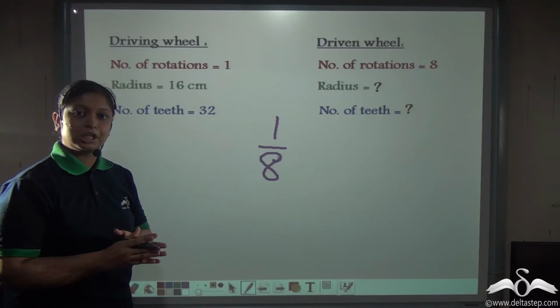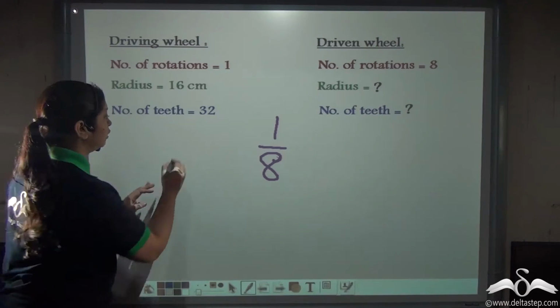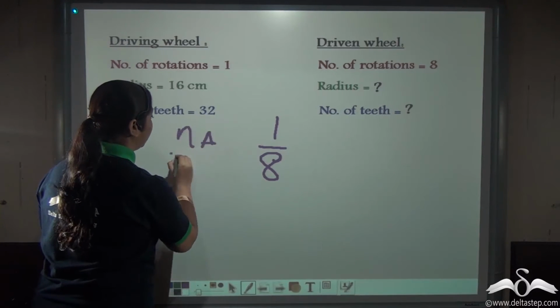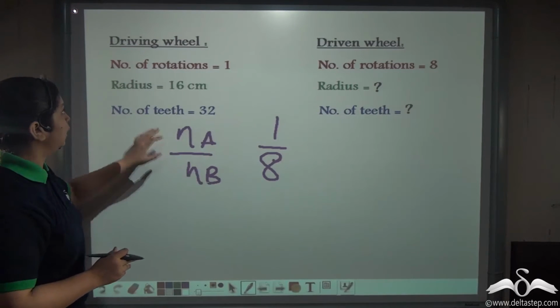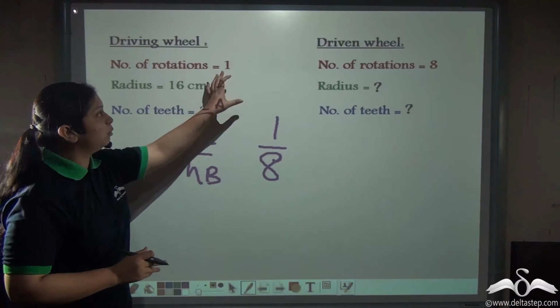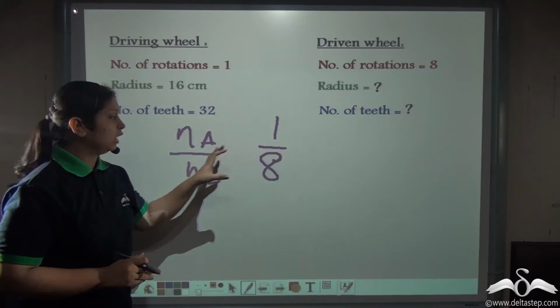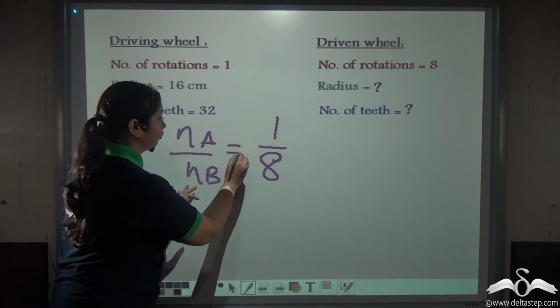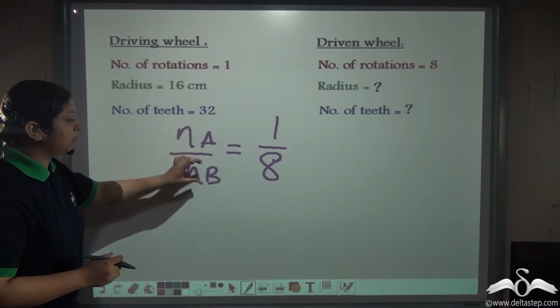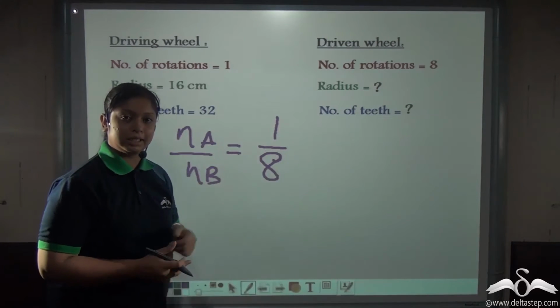Now, the velocity ratio, that is NA by NB, is not given to us, but we can understand that number of rotation of driving wheel by number of rotation of driven wheel can be written as equal to this ratio. So, we can take na by nb as equal to 1 by 8.